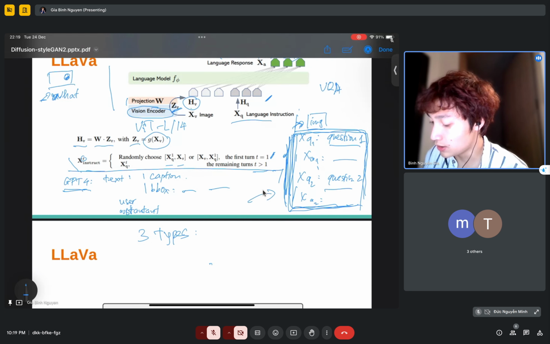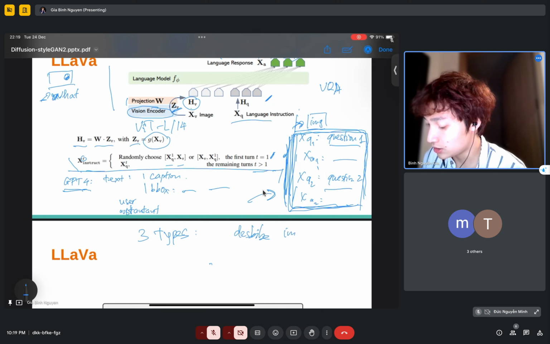The first one is this. The second one is describing the image in detail, and the other type is reasoning.